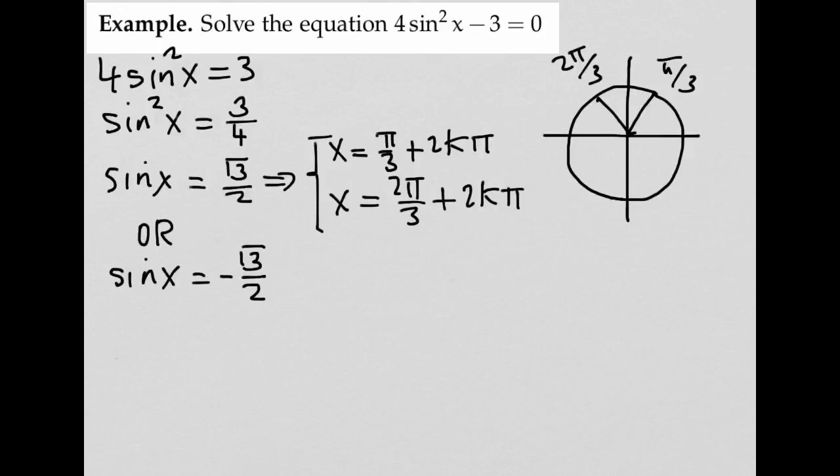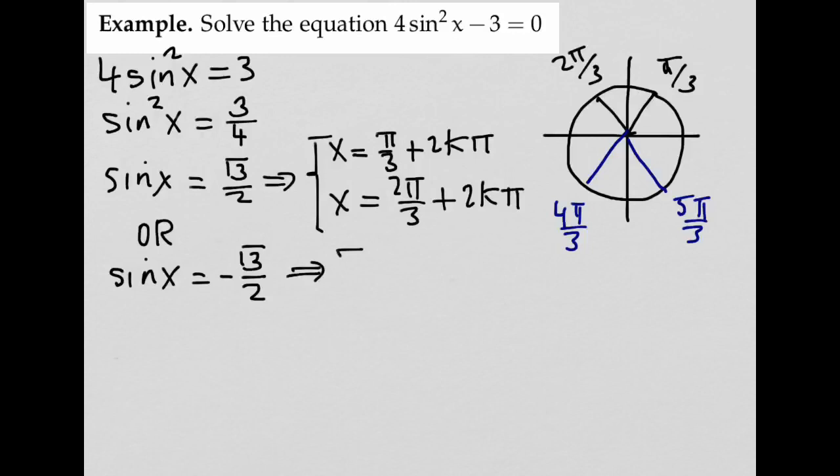Let's move on to the second equation, sine x equals minus root 3 over 2. There are two angles for which sine x equals minus root 3 over 2, namely 4 pi over 3 and 5 pi over 3.